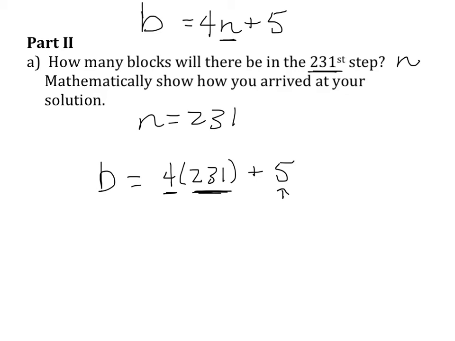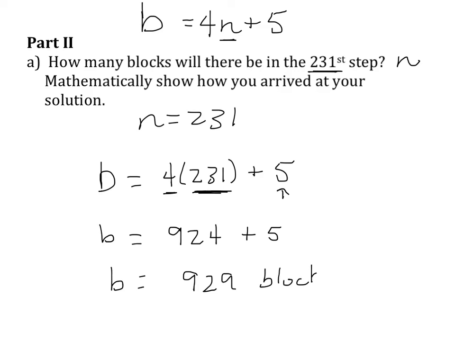So, 4 times 231 is 924. Plus the 5 gives us a total number of blocks of 929 blocks in step 231.